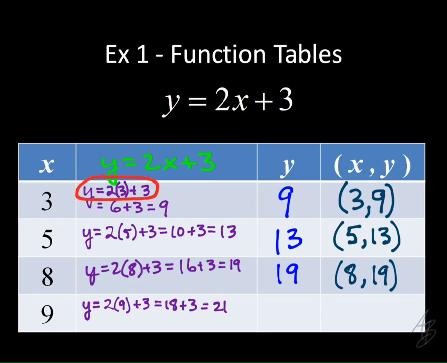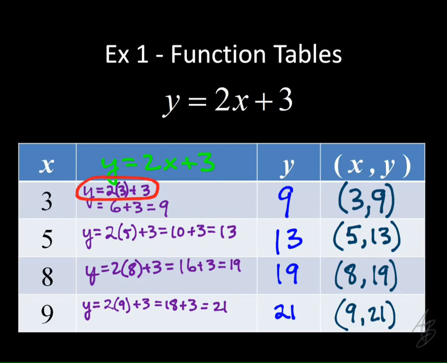Okay, so our y value is 21, and then our ordered pair, 9 in the x place and 21 where the y is. Okay, and what am I missing here? Parentheses. Yep, don't forget those parentheses.